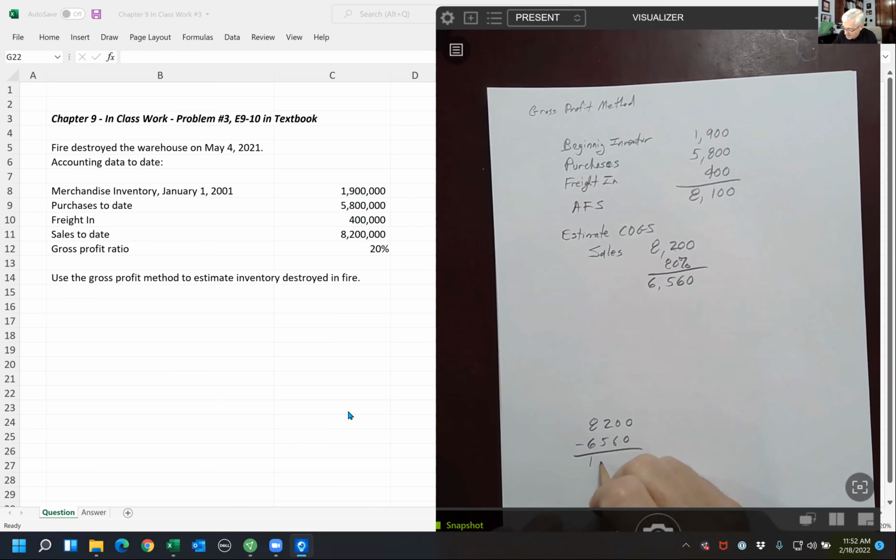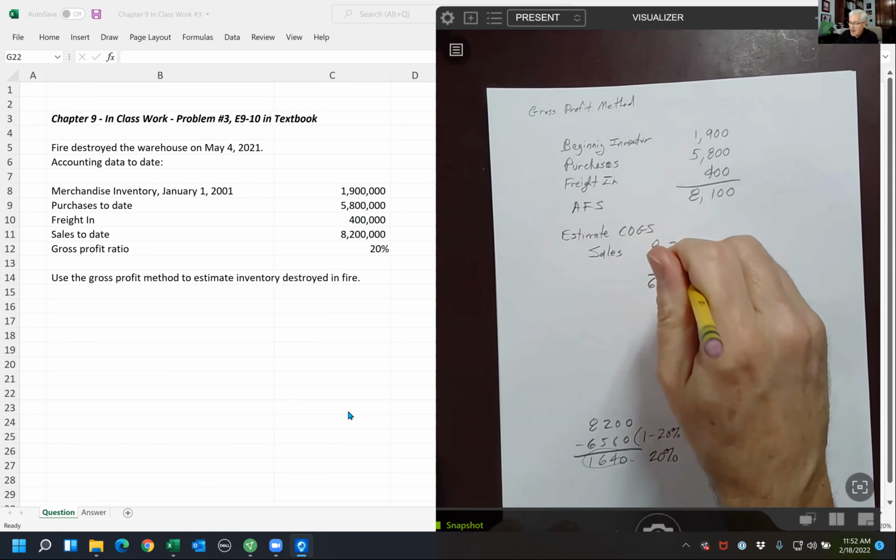Our gross profit would have been 1,640,000. We take 1,640,000 over sales, that's 20%. So this is really 1 minus the gross profit. That's how I get to that 80%.